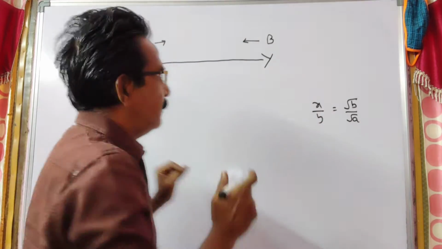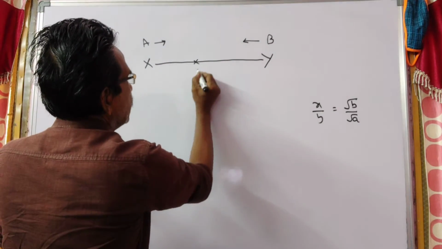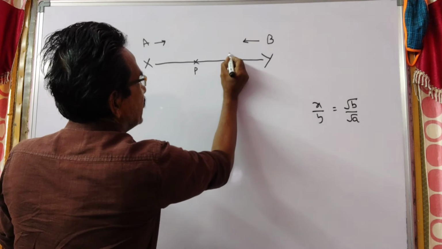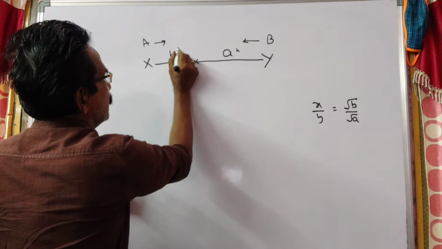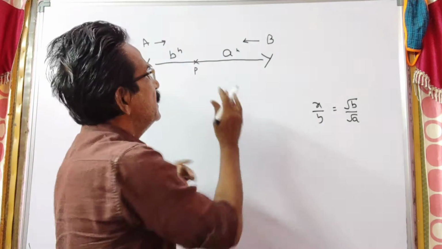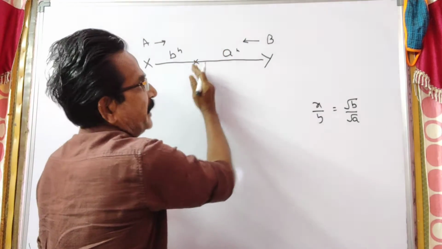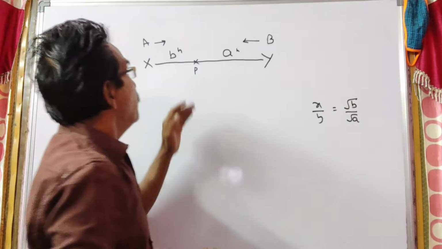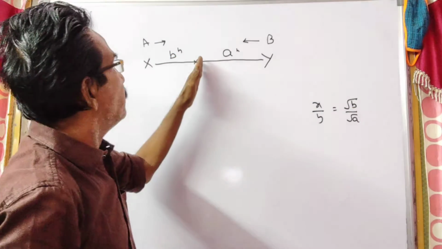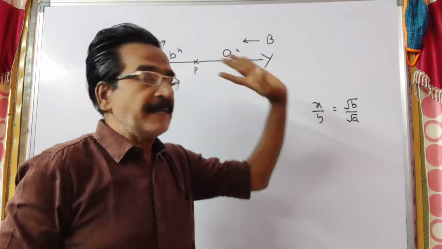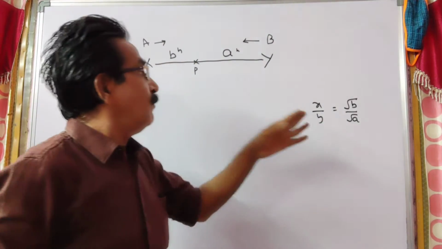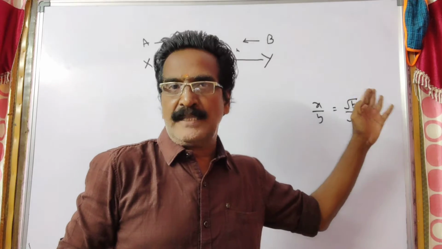After meeting at a point P, they take A hours and B hours to reach the other ends. So A hours is the time taken to reach this end, and B hours is the time taken to reach this end. So now we are going to derive this formula.